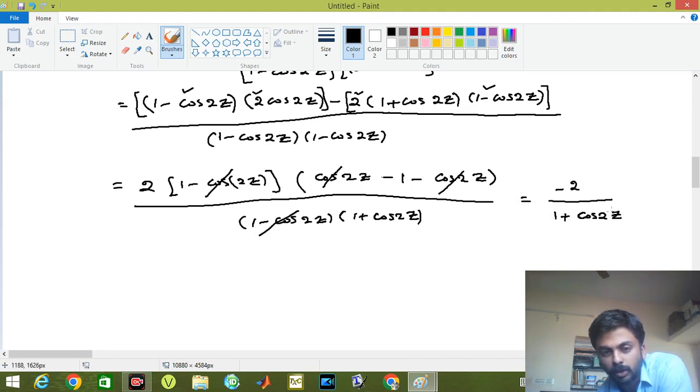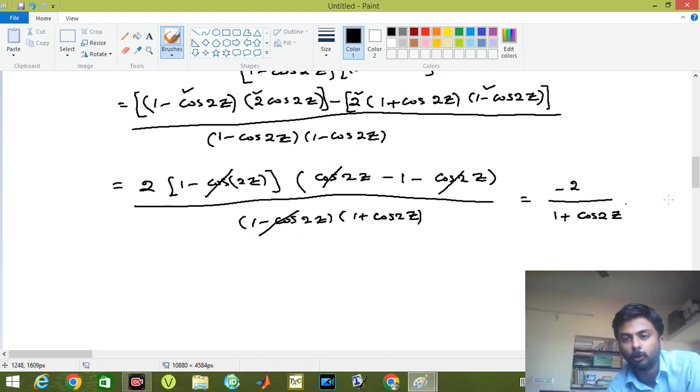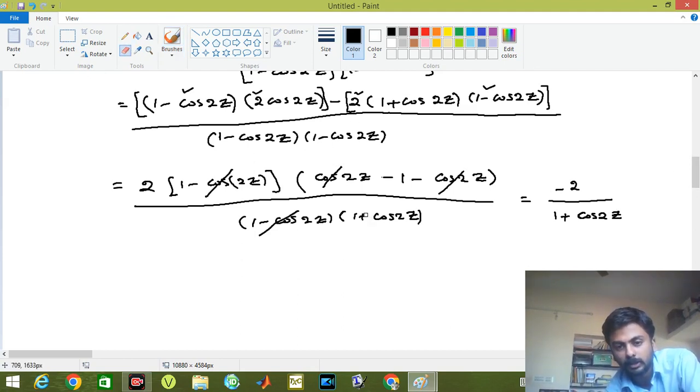So this is what we are having now. We will have minus 2 divided by 1 plus cos 2z, actually it is whole square, I think. Yeah, it is whole square, so we will not get minus here.